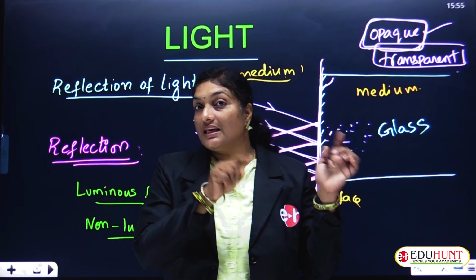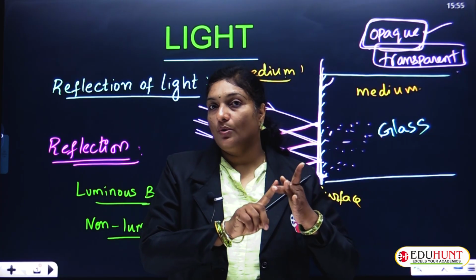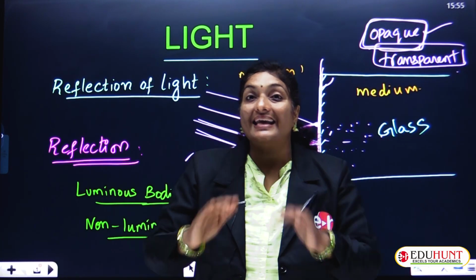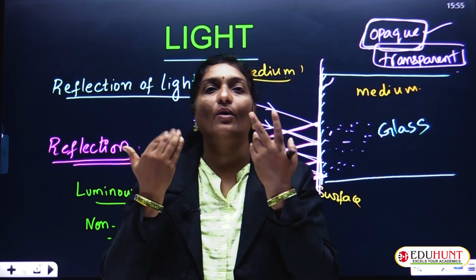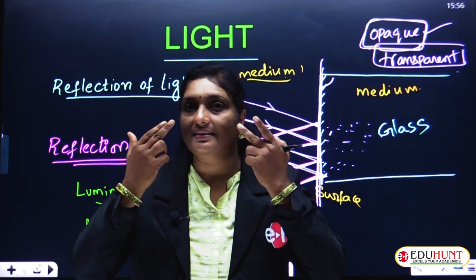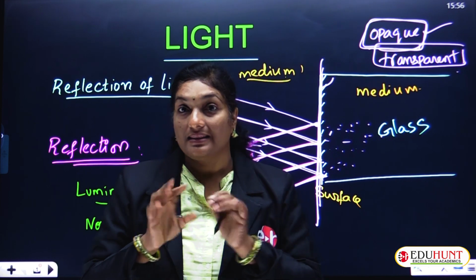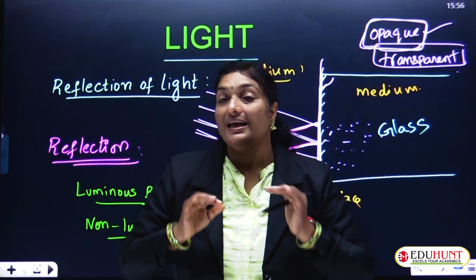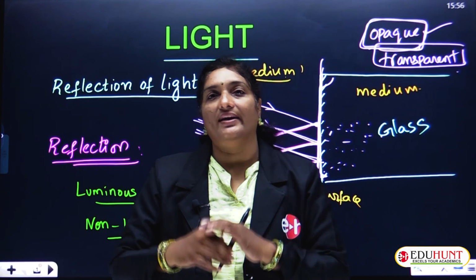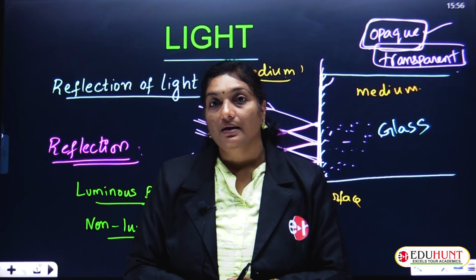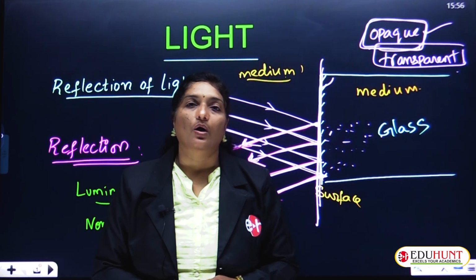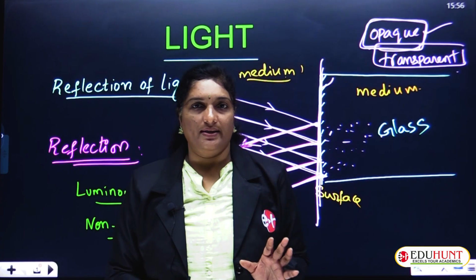So these bodies are re-reflecting the light falling on them. They themselves are not producing any type of light. They are only reflecting the light falling on them. So these types of bodies are called non-luminous bodies.